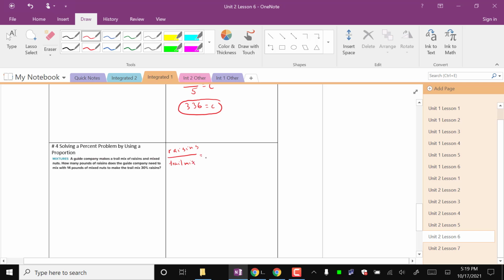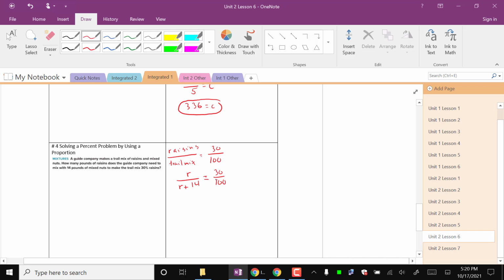And we want it to be 30% raisins. So 30% of it's going to be raisins over a total of 100%. So again, this is going to be R over R plus 14, because the total is raisins plus the nuts, and we have 14 pounds of the mixed nuts, equals 30 over 100.